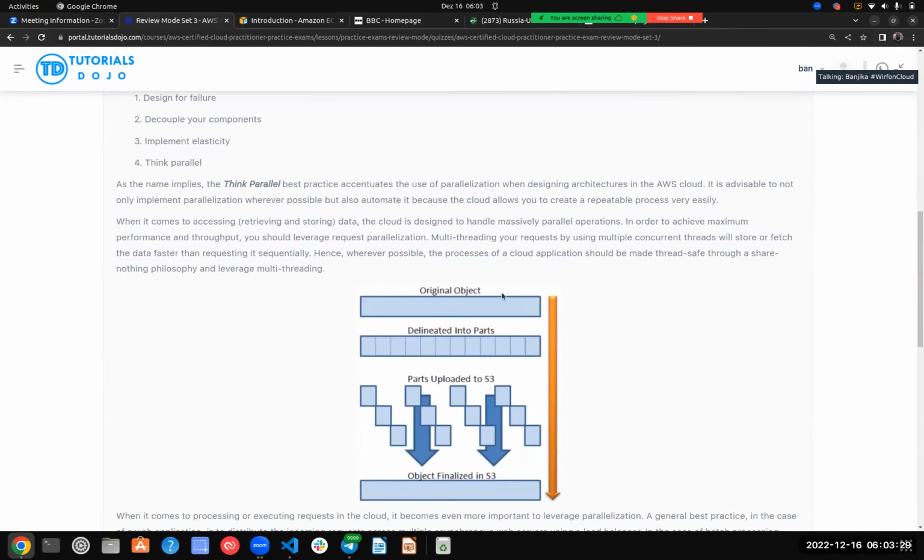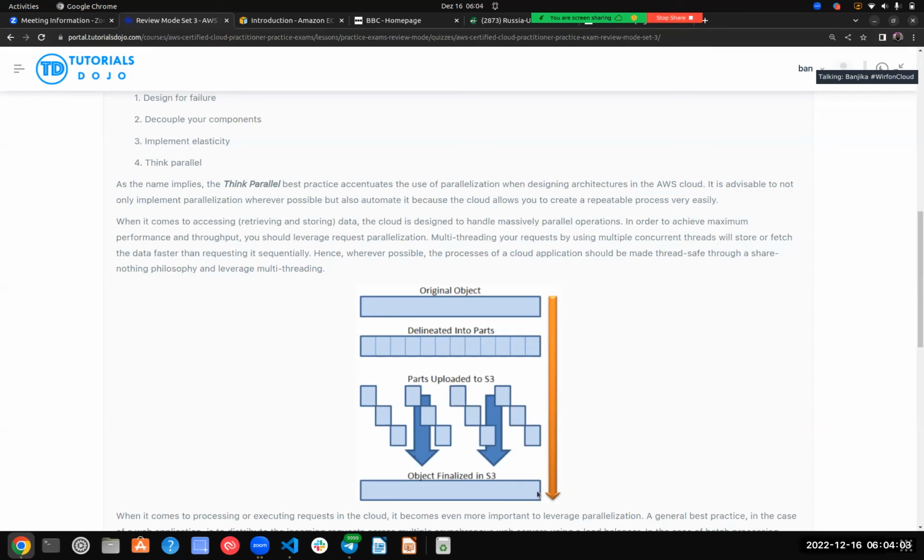So what happens is when you are using multipart upload, this file is split into different components, delineated into parts, right? And then these parts are uploaded in parallel, but separately. And just before arrival, they are reassembled back into the full object. Because it's just small files that are being uploaded in parallel.